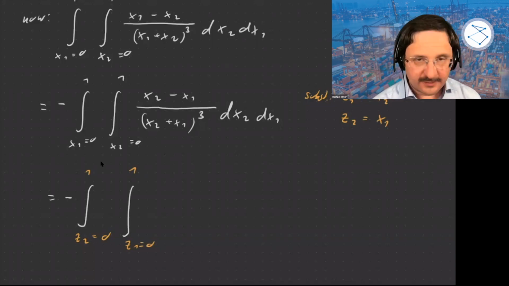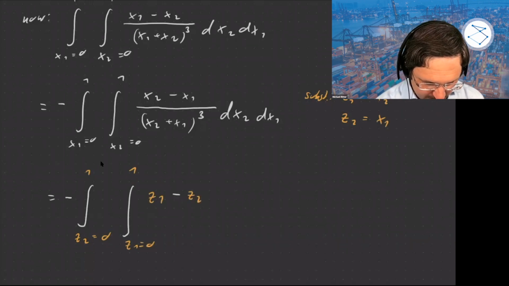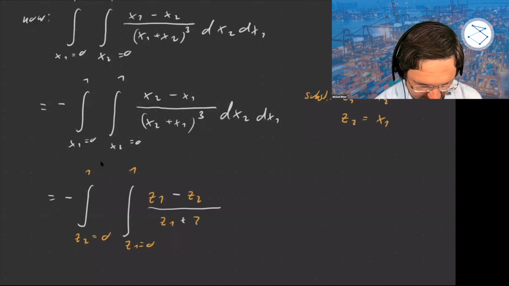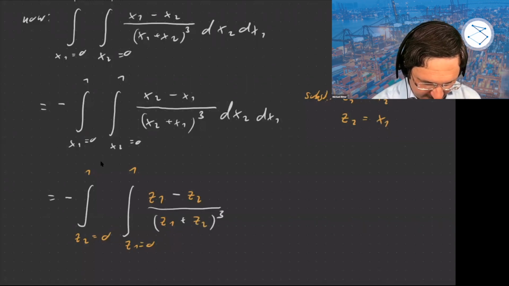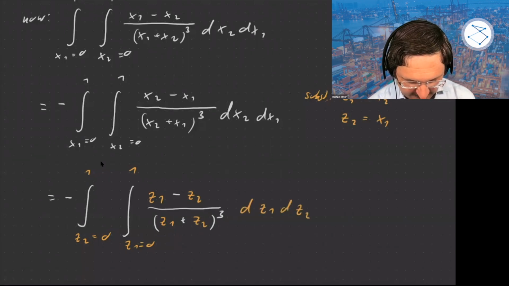And the function expression becomes c1 minus c2 over c1 plus c2 to the power of 3. And we integrate dc1, dc2.